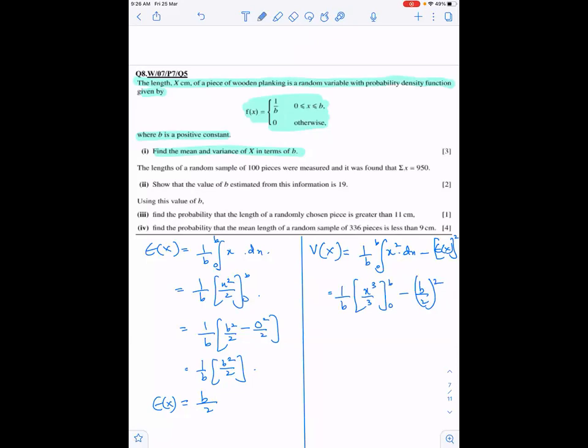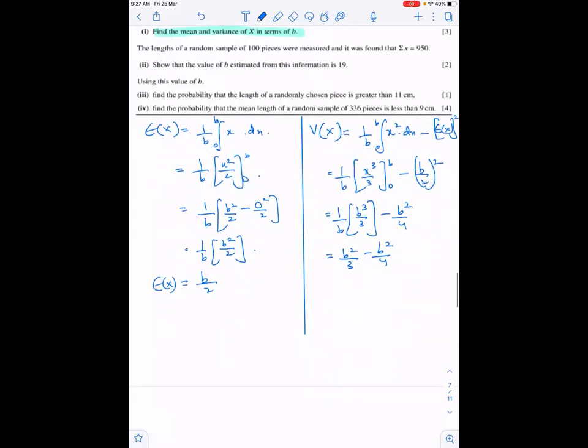So it's going to be 1 upon b cube upon 3, 0 I'm not putting, minus b square upon 4. Simplify this: b square upon 3 minus b square upon 4. Taking the LCM of 3 and 4, which is 12, so 4b square minus 3b square, which is b square upon 12, is the variance. Is this clear, beta? Do you want to ask anything? No, but I'm just going to go through it again.